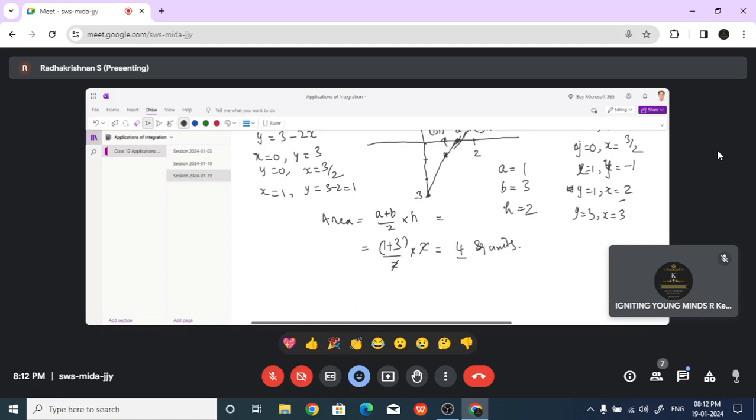Does it make sense? Yes, sir. What about you, Varsha? And yeah, Akshaya and Tejaswini, I hope you are following also, right? This is not a very complicated integration.